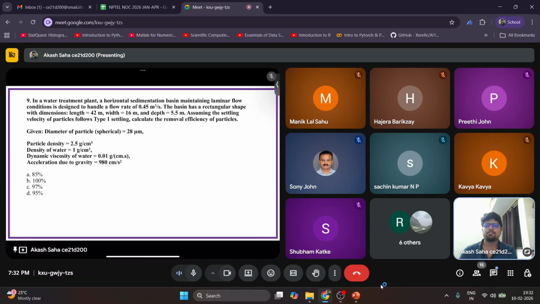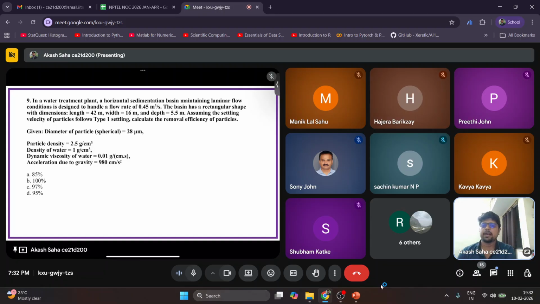Given the diameter of the particle as spherical of 28 microns, particle density 2.5 gram per centimeter cube, density of water 1 gram per centimeter cube, dynamic viscosity as 0.01 gram per centimeter second, and acceleration due to gravity as 980 centimeter per second square.